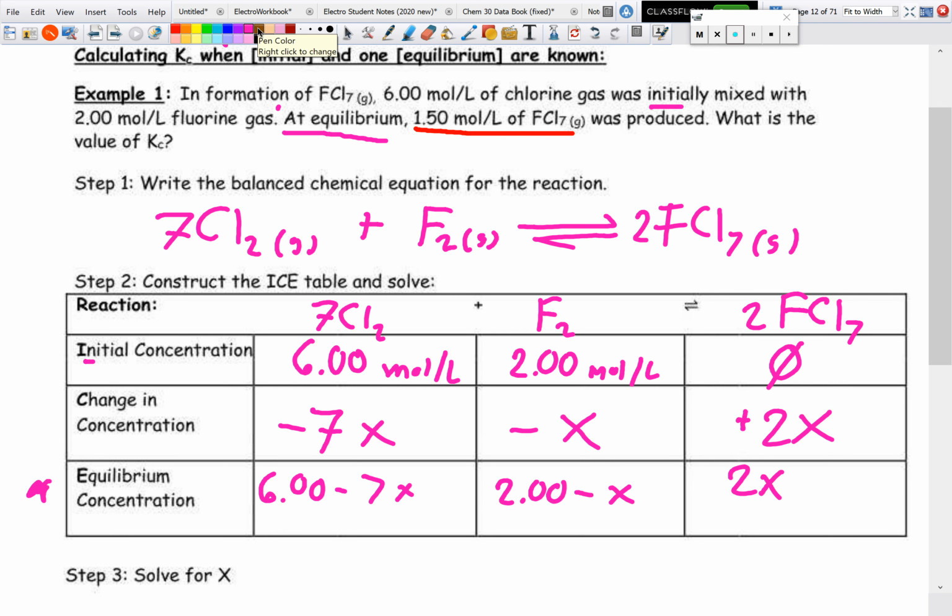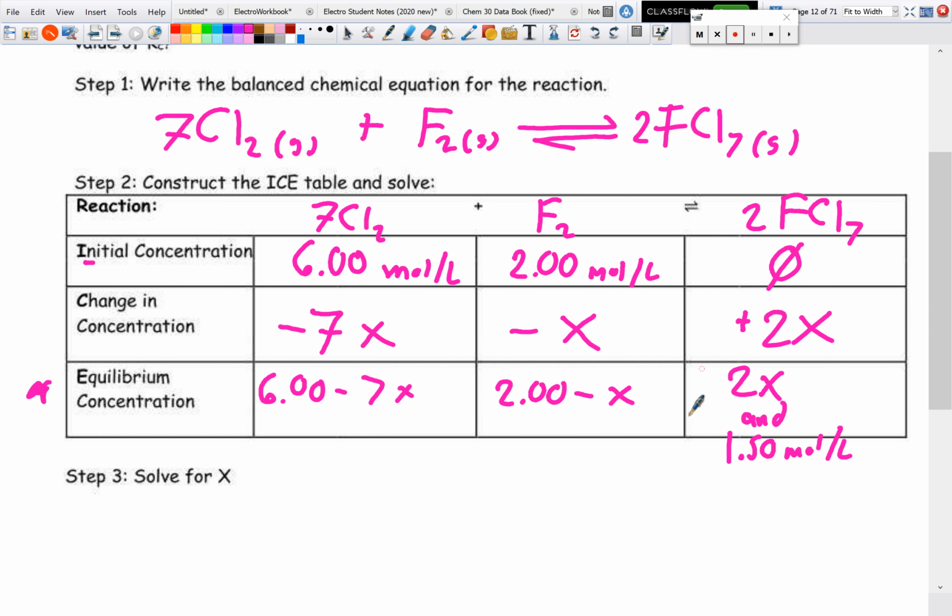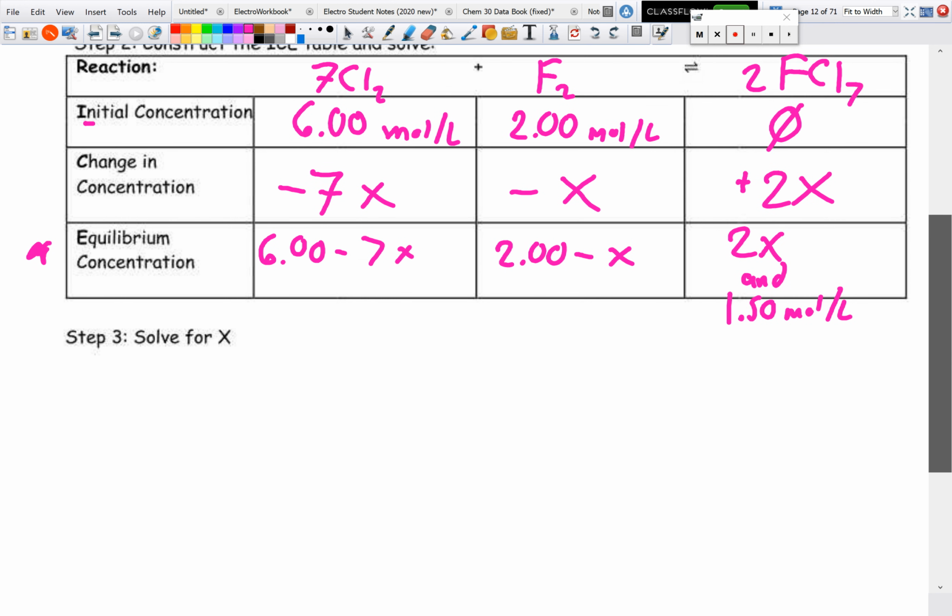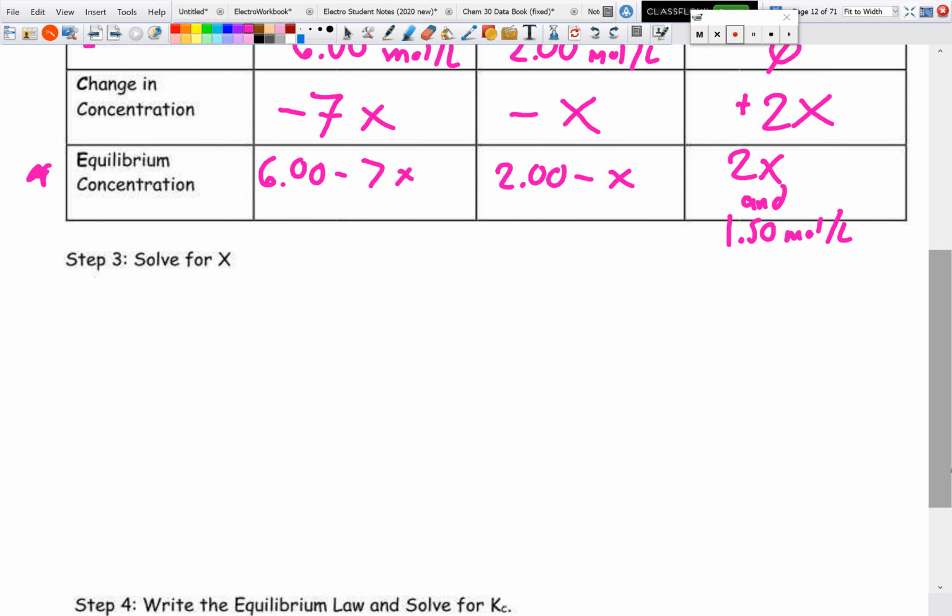So we're going to have 2 expressions for fluorine heptachloride at equilibrium, which is going to be very important because our next step, once we have all this, is to solve for x.